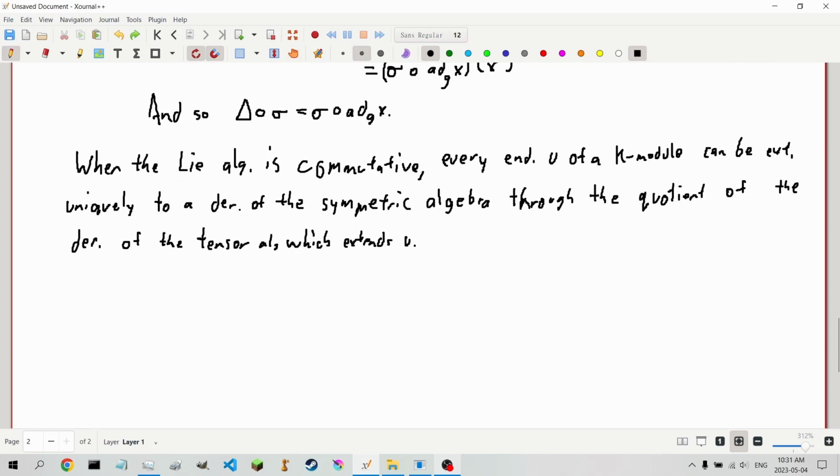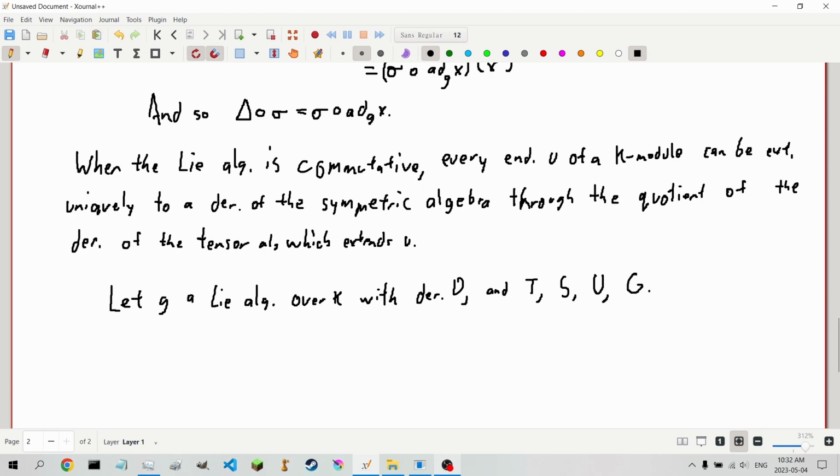So here's another thing. I'm going to let G be a Lie algebra over K with a derivation D. And T is its tensor algebra, S is its symmetric algebra, U is its universal enveloping algebra, and G is going to be its graded algebra.